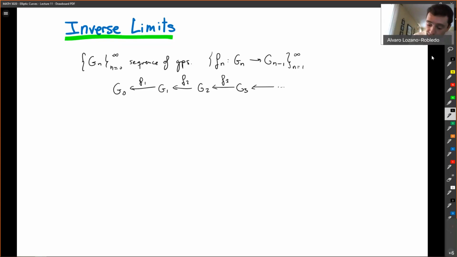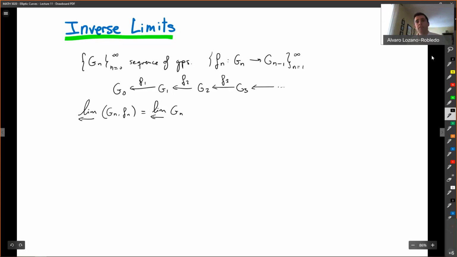And the inverse limit of that chain of Gn, Fn, typically we just read it as the inverse limit of the Gn, and the Fn's, the connecting maps, are understood, or we say with respect to the maps, is a subgroup of the product of all groups from 0 to infinity, which is given by sequences that are coherent.